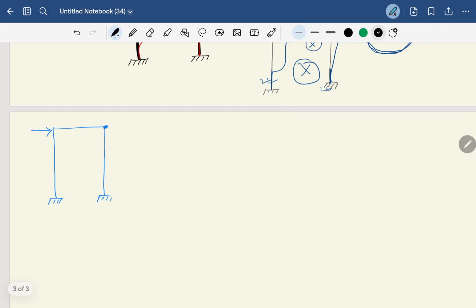Just draw the portal frame, and because this is a fixed support, the reaction will always be here, so it will come like this, and there is one lateral load here, so it will be like this, okay.